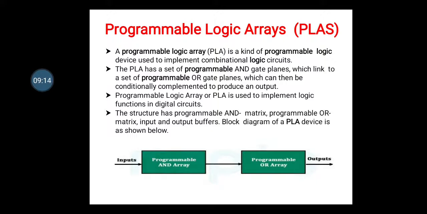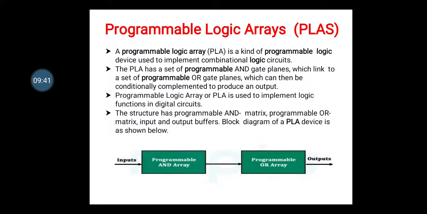So any combinational logic circuit can be designed using PLAs. It has a set of programmable AND gate planes which link to a set of programmable OR gate planes. So AND gate connections can be modified as well as OR gate connections. That means the structure has a programmable AND matrix, a programmable OR matrix, and input and output buffers.